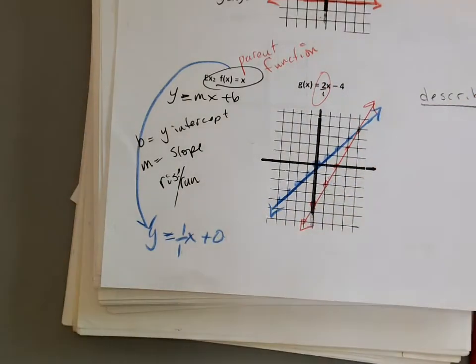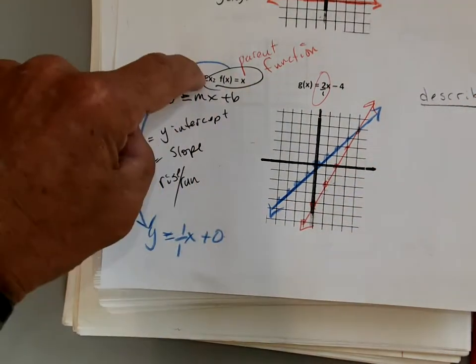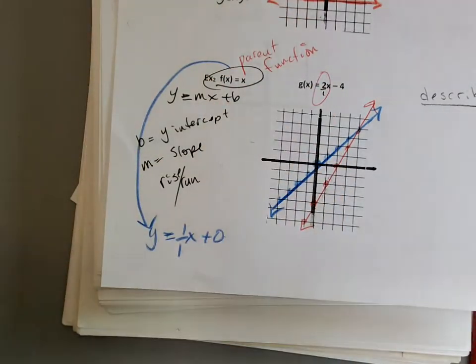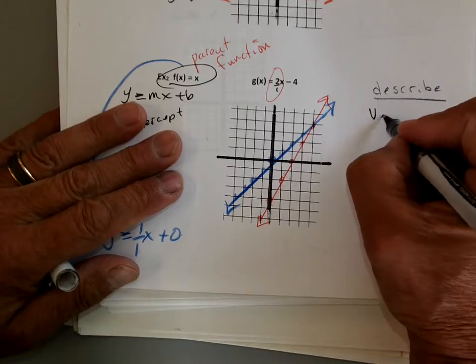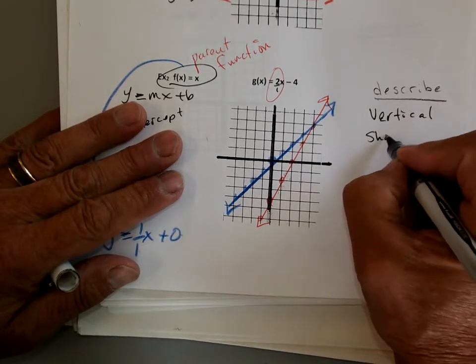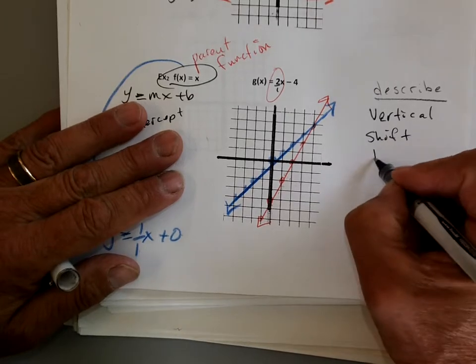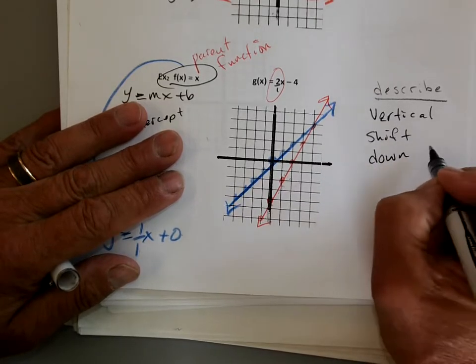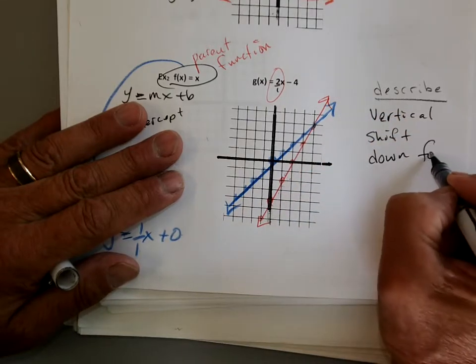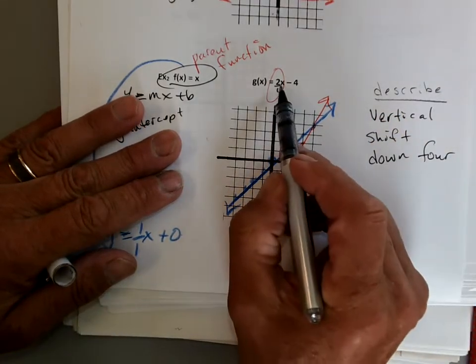Okay, describe. So what happened is we took the parent function and we did a vertical shift down 4, right? 1, 2, 3, 4, down 4, and we made it twice as steep.